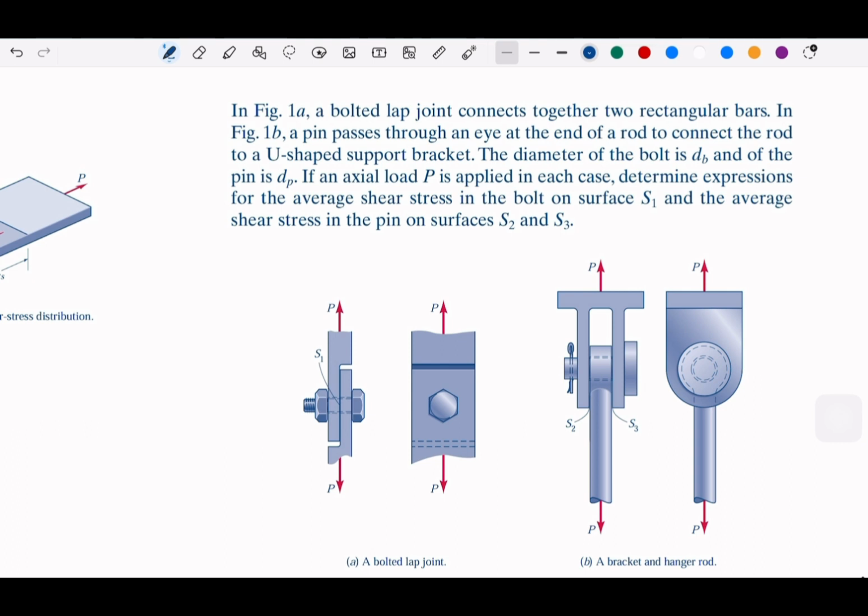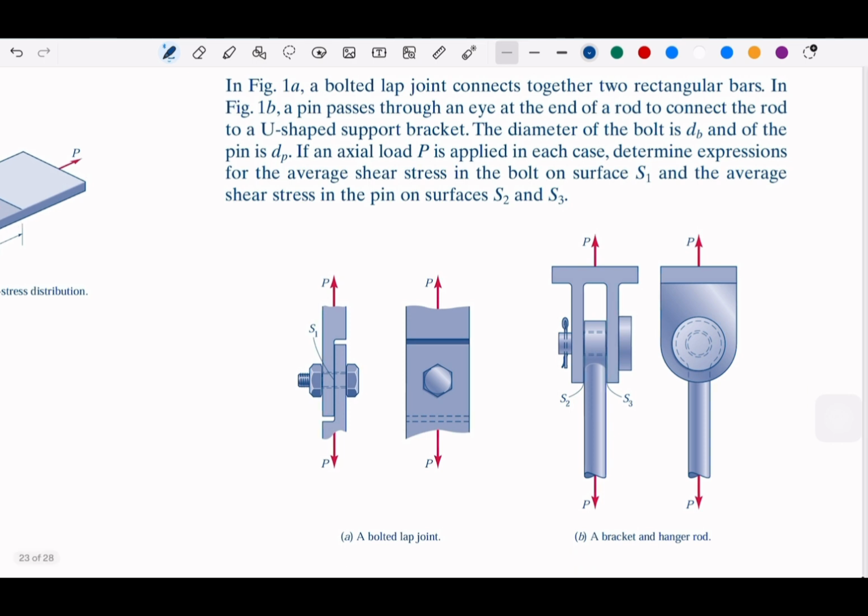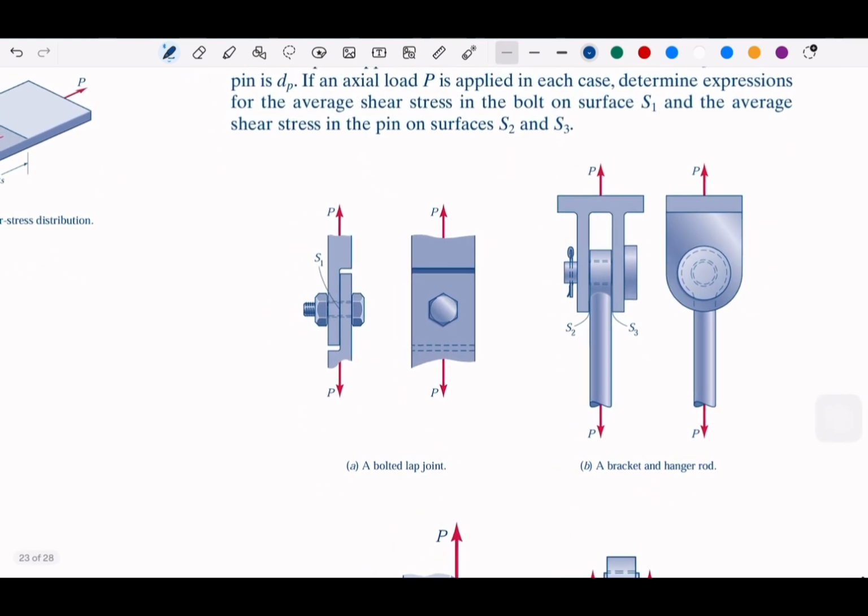And in this one here, we have 1, 2, and then the middle one, 3. So we have three layers, and both of these figures will be pulled with some exerted force defined as P. Let me write here that this is the single shear, and this is the double shear.